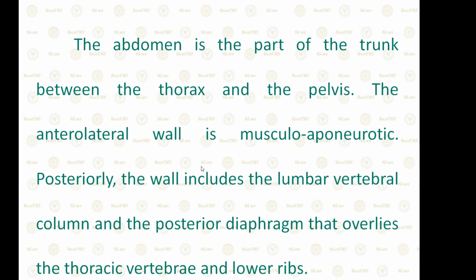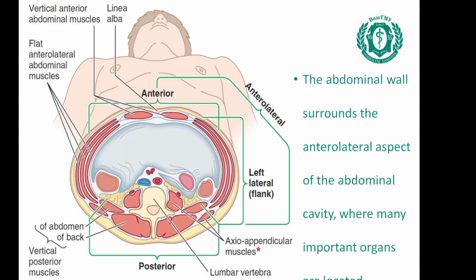The anterolateral abdominal wall is musculoaponeurotic. Posteriorly, the wall includes the lumbar vertebral column and the posterior diaphragm that overlies the thoracic vertebra and lower ribs. The abdominal wall surrounds the anterolateral aspect of the abdominal cavity, where many important organs are located.